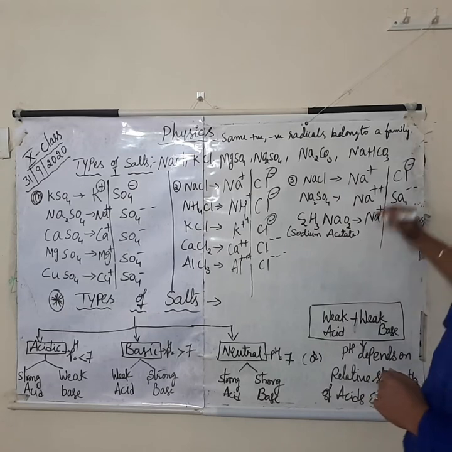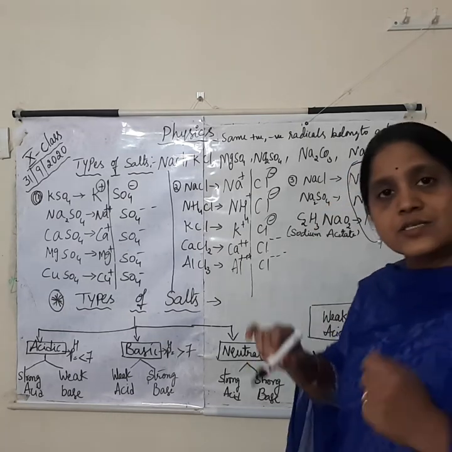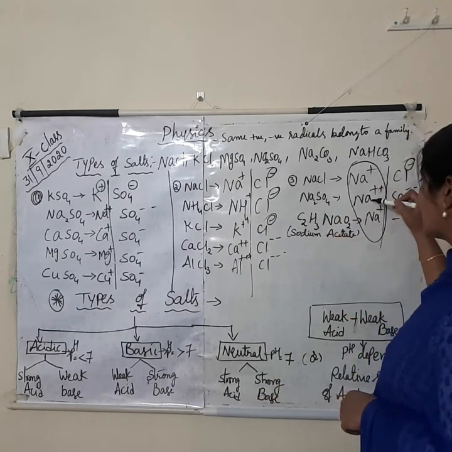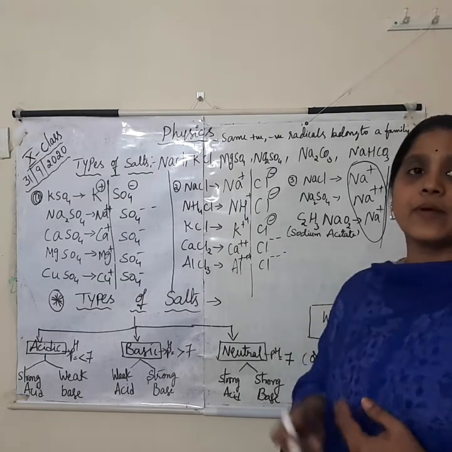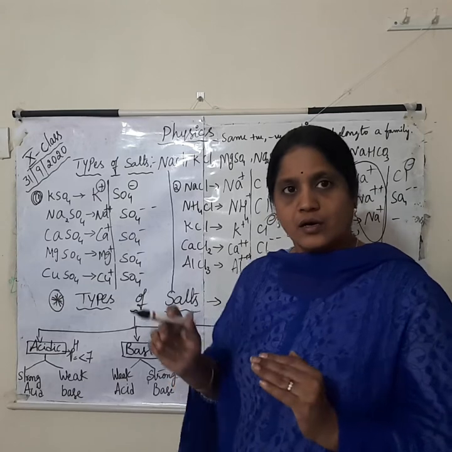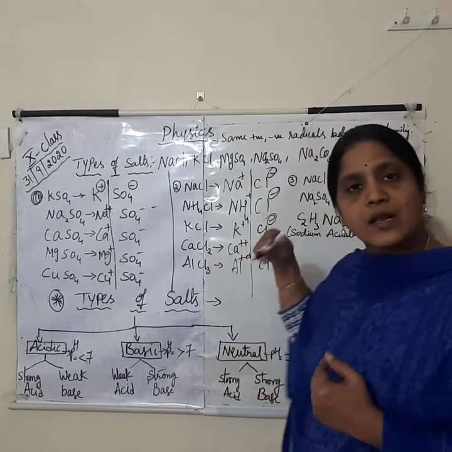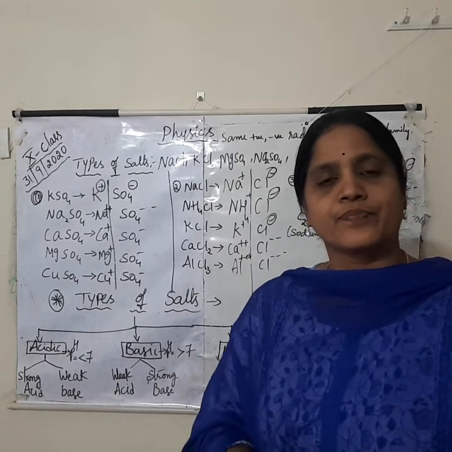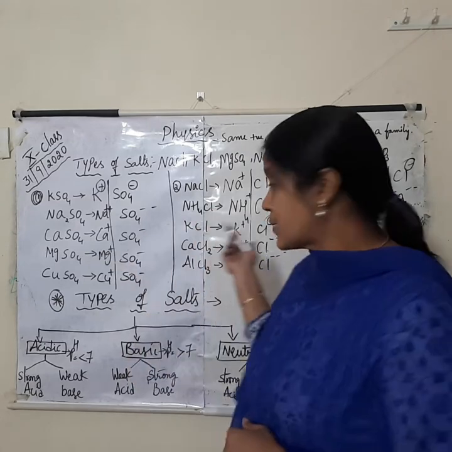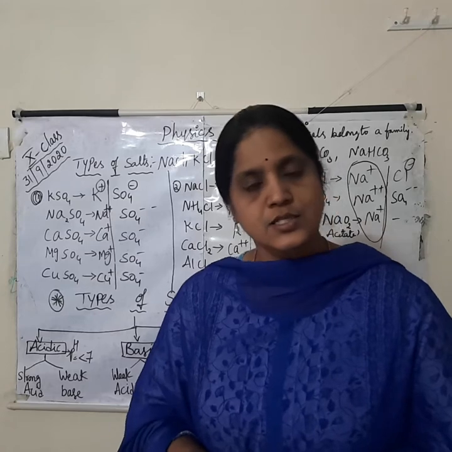In all these, the positive radical is common. In this third group of salts, the sodium ion, or sodium radical, is common to all the salts. Due to that radical, this group of salts belongs to the sodium family. Such salts we call sodium salts.